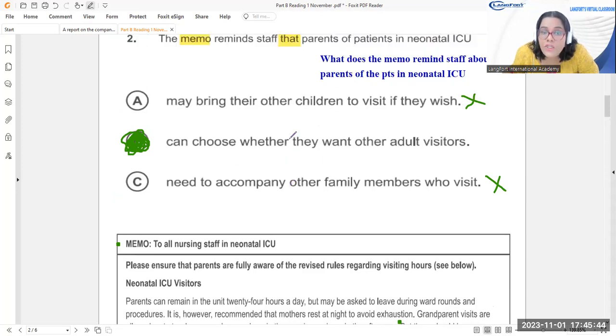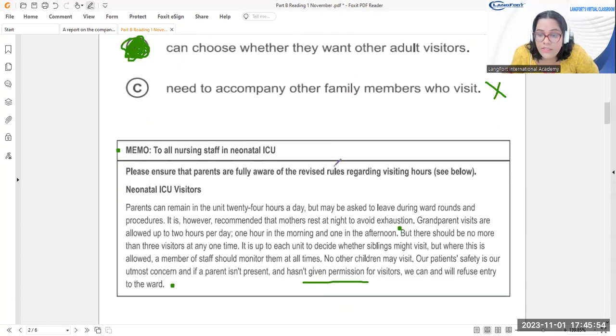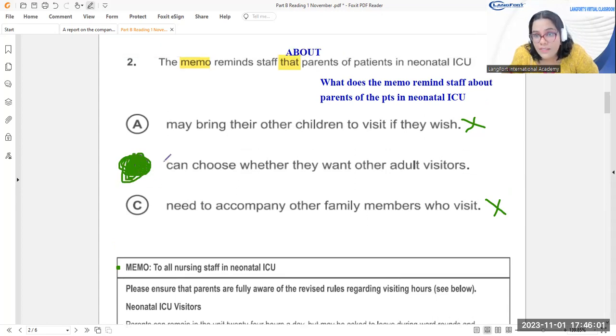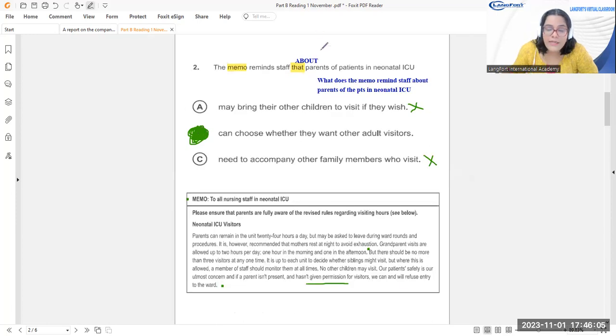But parents can choose. If the staff do not have the permission from the parents, they won't allow entry. They will refuse entry. So that's why the parents have the right to give permission. So that's why B is the answer. All of you take a second, go through the whole thing once again and ask me if you have any question.